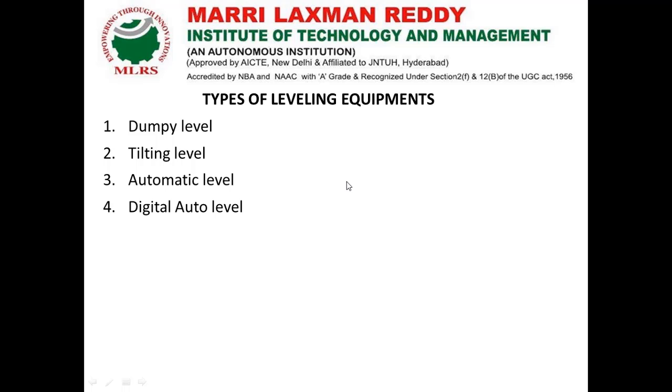So first we are going to discuss different types of leveling equipment. Here we have four types of instruments: one is the dumpy level, second is the tilting level, third is the automatic level, and fourth is the digital auto level. In general we use only the dumpy level, but along with the leveling instrument we need another accessory, the leveling staff.